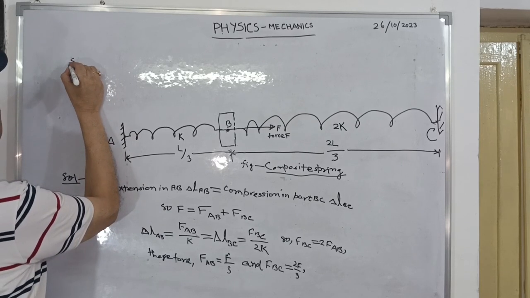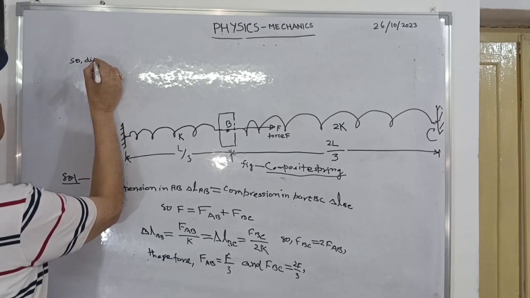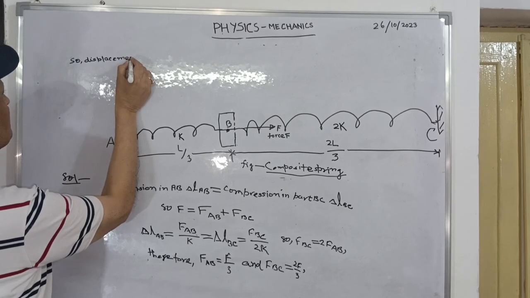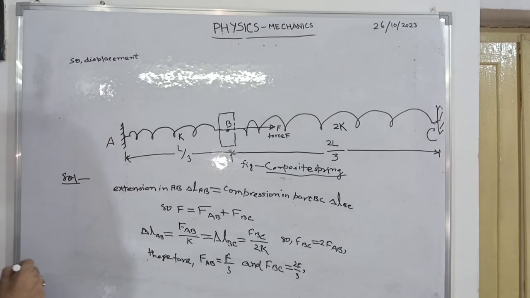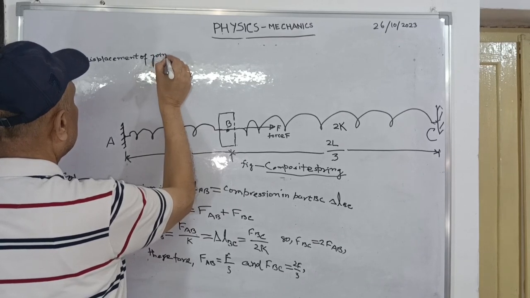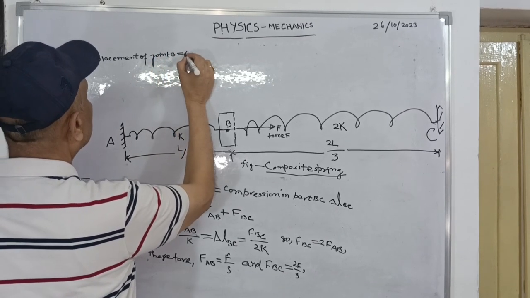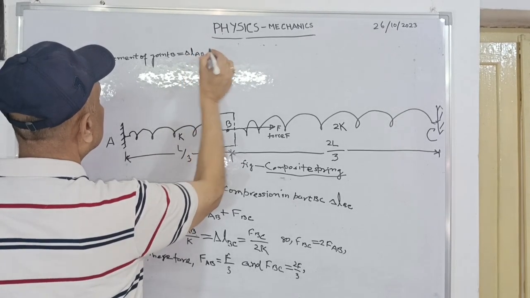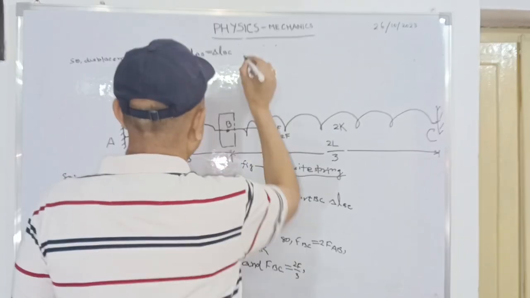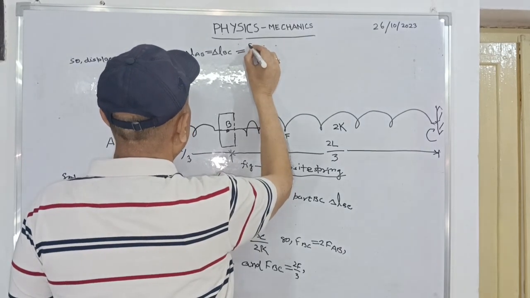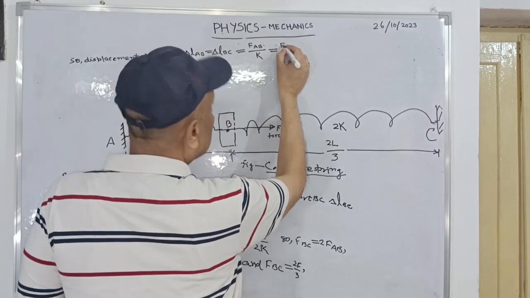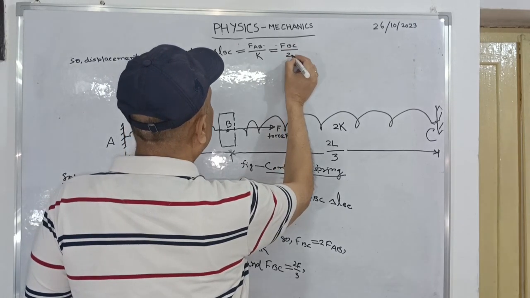So the displacement of joint B is equal to delta LAB, which is equal to delta LBC, which is equal to FAB by K, which is equal to FBC by 2K.